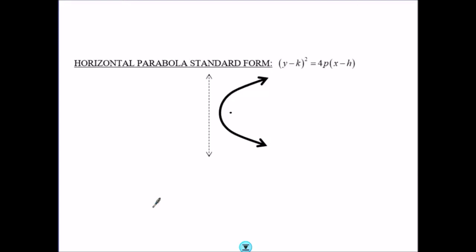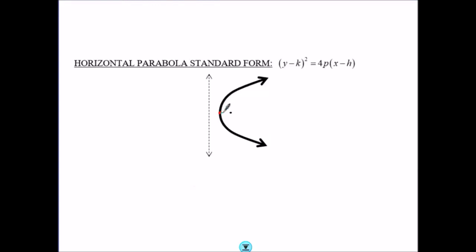Now, horizontal parabolas are a tiny bit different, but they are very similar to vertical parabolas. If you look at the equation, the y minus k and the x minus h have switched signs. Other than that, all of the relationships between the focus, the vertex, the directrix, the points of symmetry are all still the same. Your vertex is still (h, k).